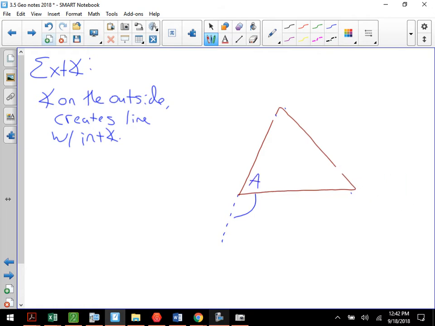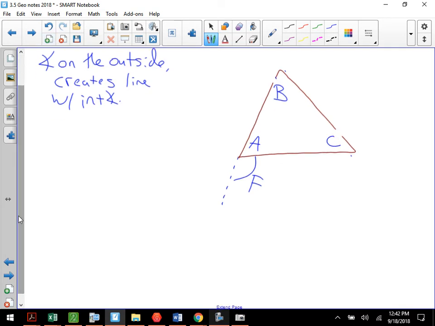This is A, B, C. We'll call this exterior 1. What do angles A, B, and C have to add up to equal? What do angles A and F have to add up to equal? So they add up the same thing, don't they? I know, it's crazy. So watch what happens.